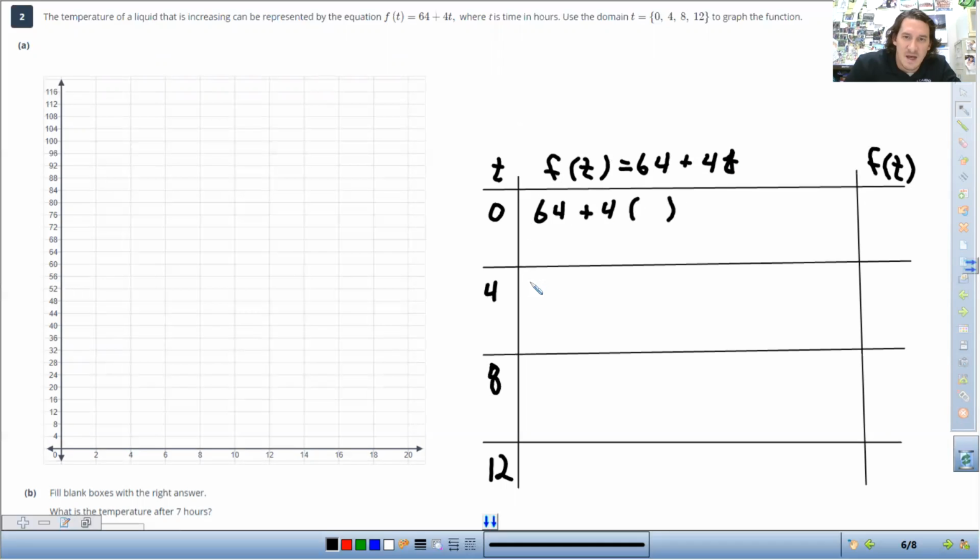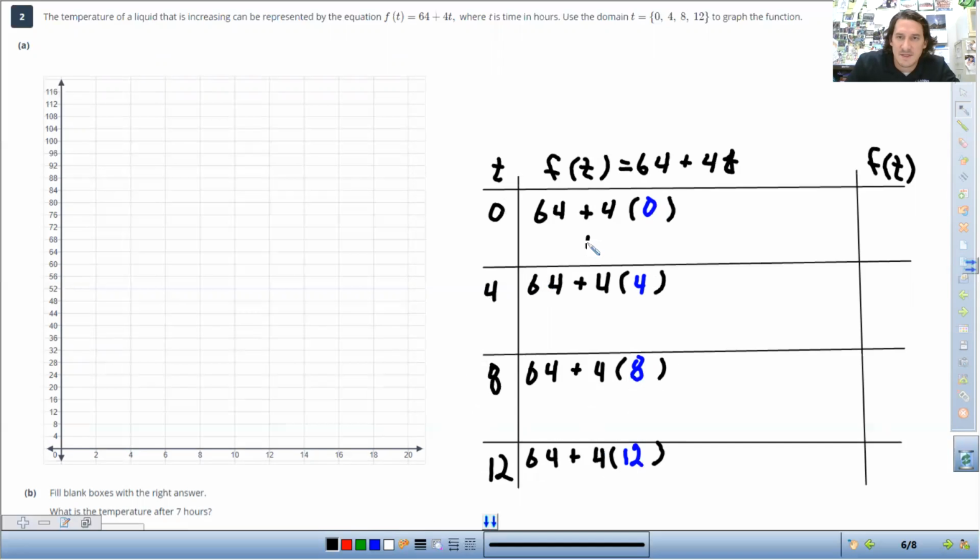And I'm going to rewrite that for each of the values just to get this part out of the way. 64 plus 4 times t, 64 plus 4 times t, 64 plus 4 times t. And then the inputs are going to go into the parentheses. So the first input is 0, then 4, 8, 12. So now I can work this out.